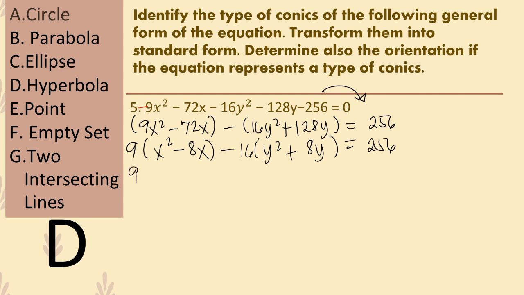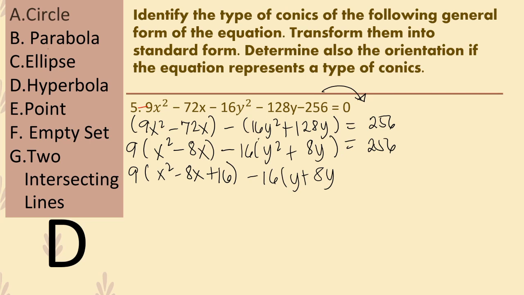Then, yung completing the square method, x squared minus 8x. So, 8 divided by 2 is equal to 4. Then, 4 squared is positive 16. Or minus 16y squared minus 8y. So, 8 divided by 2 is 4.